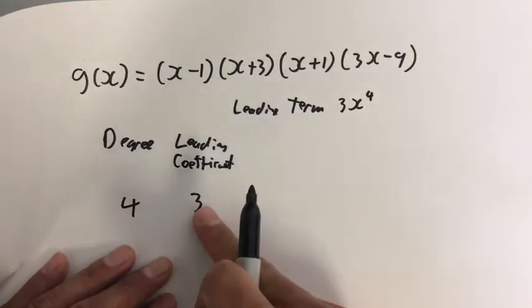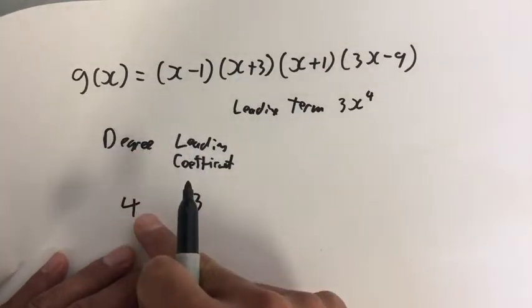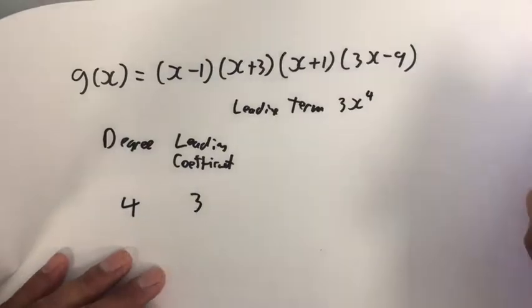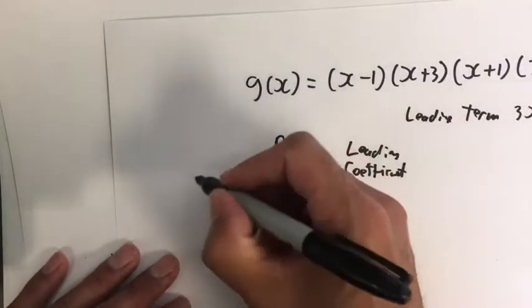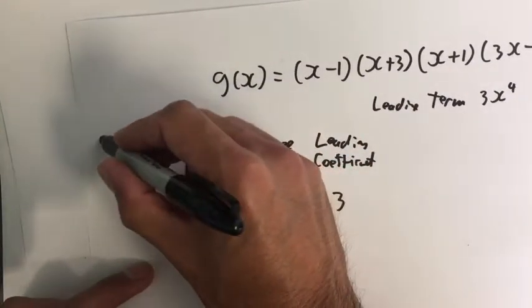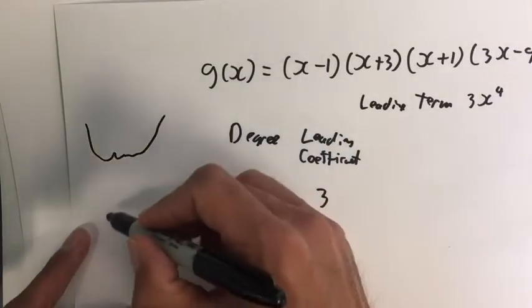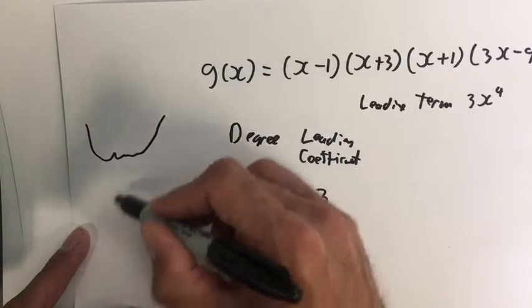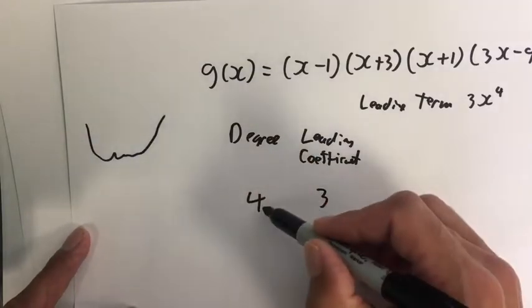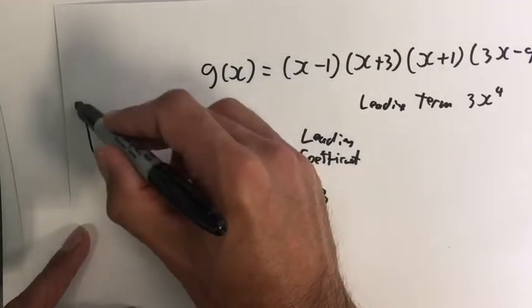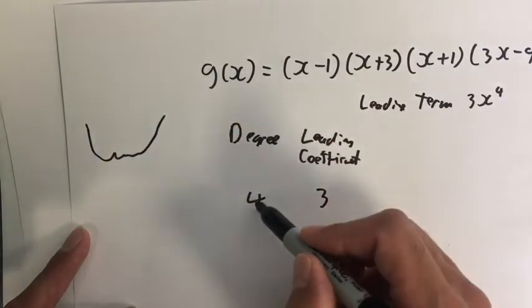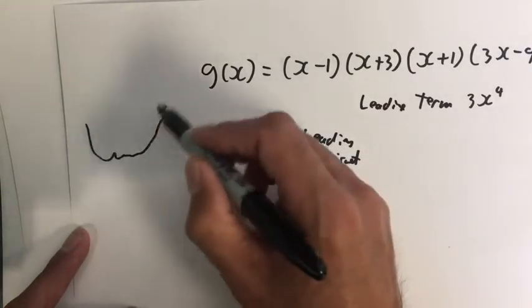My leading coefficient is positive and my degree is even. And you know what that tells me? It tells me that it's going to go like that. If this was negative, it would look like an upside down smile. Because it's positive, it looks like that. And because this is even, it goes up on both sides.